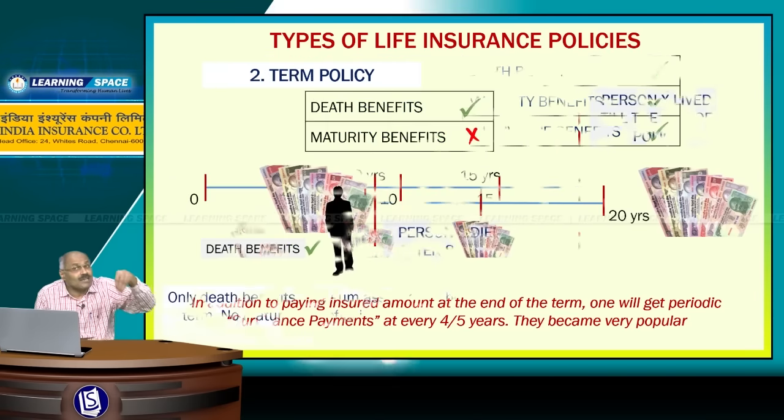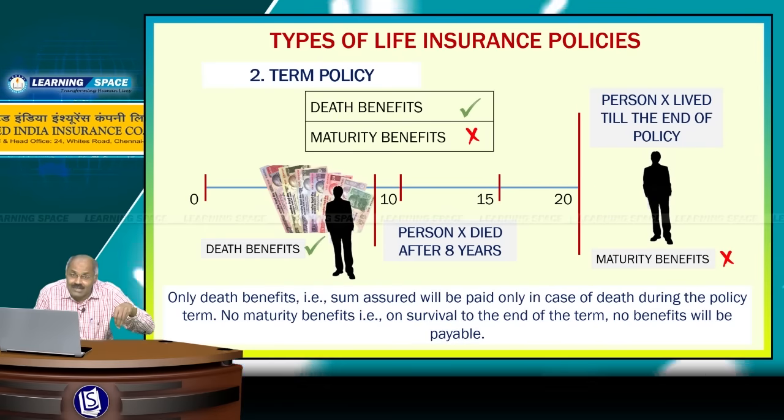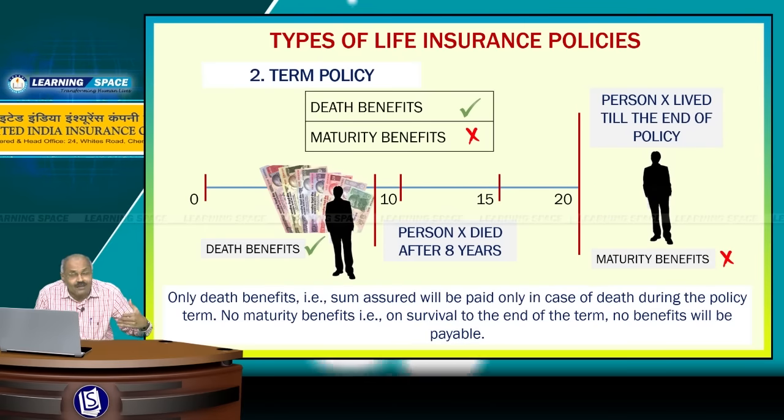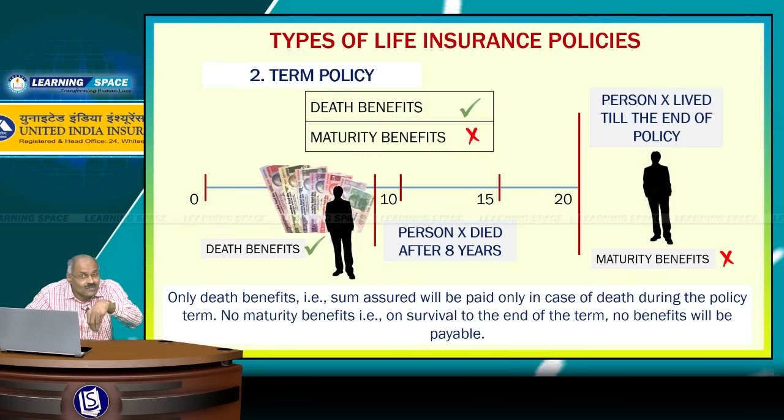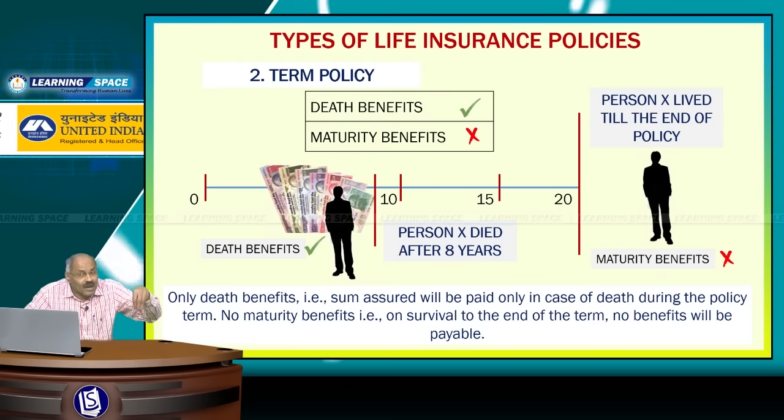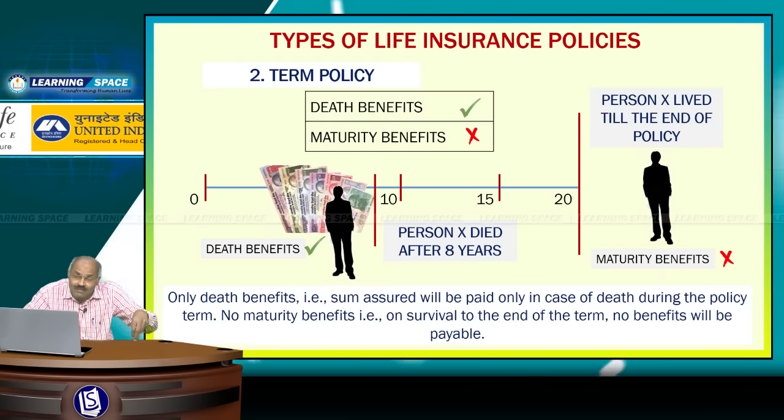And if you look at the term policy, as usual, within the policy term, if a person dies, the nominee will get death benefits. X has taken this policy and he died after 8 years, and the family will get these death benefits.